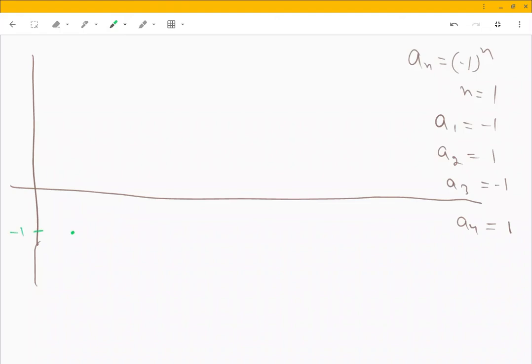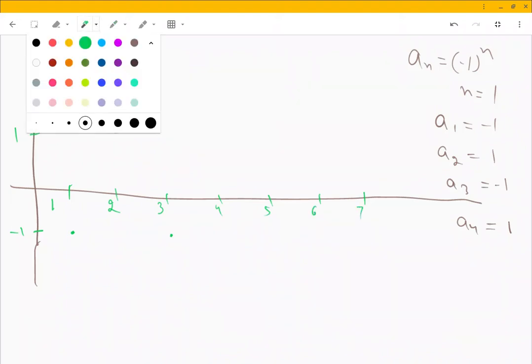Let's say this is negative 1 and this is 1. a2 is 1, a3, a4, no, a5, okay, 1, 2, 3, 4, 5, 6, 7. And this much should be enough. Right?